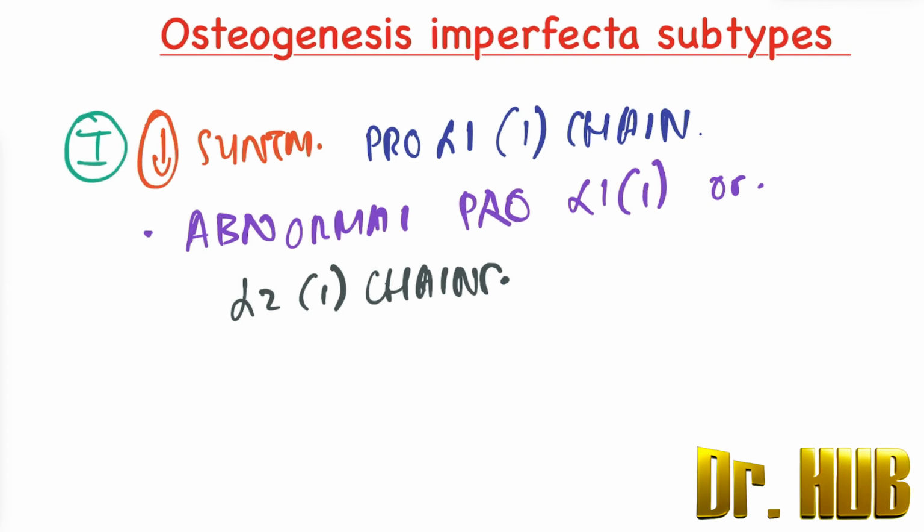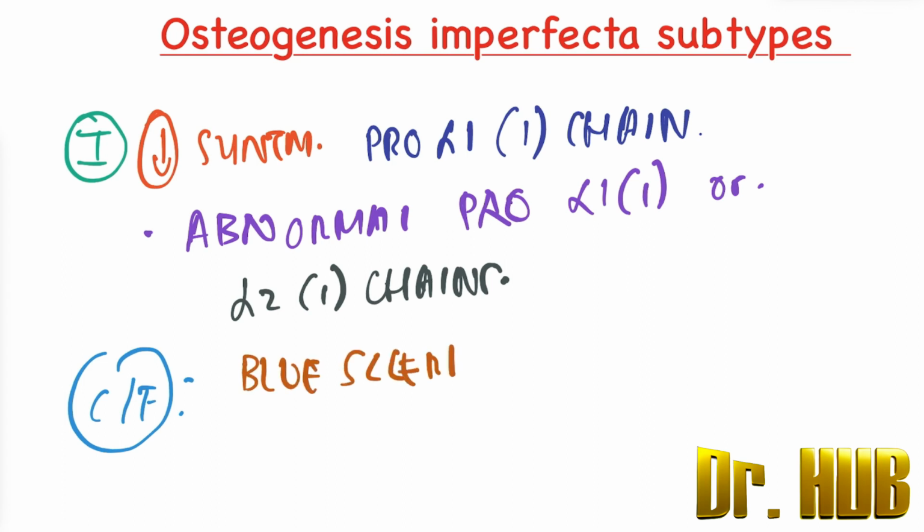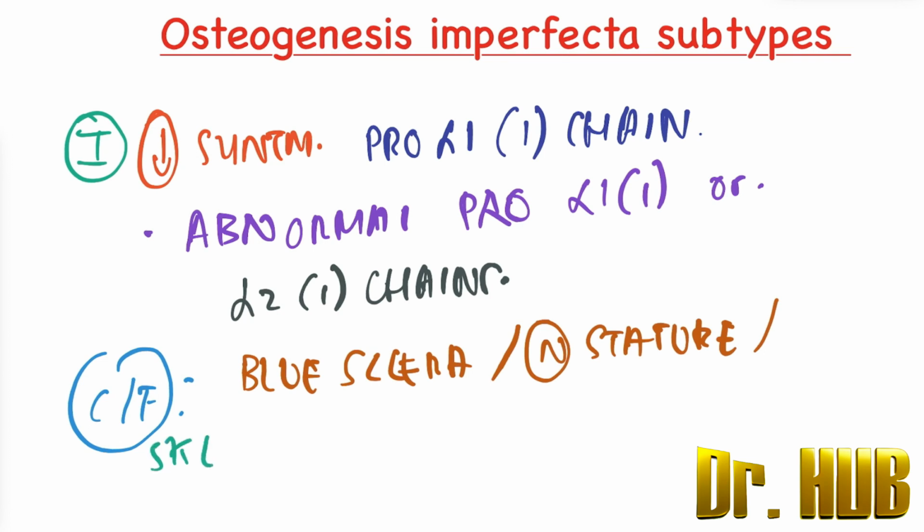What are the clinical features of subtype 1? This includes the presence of blue sclera, normal stature, and skeletal fragility.